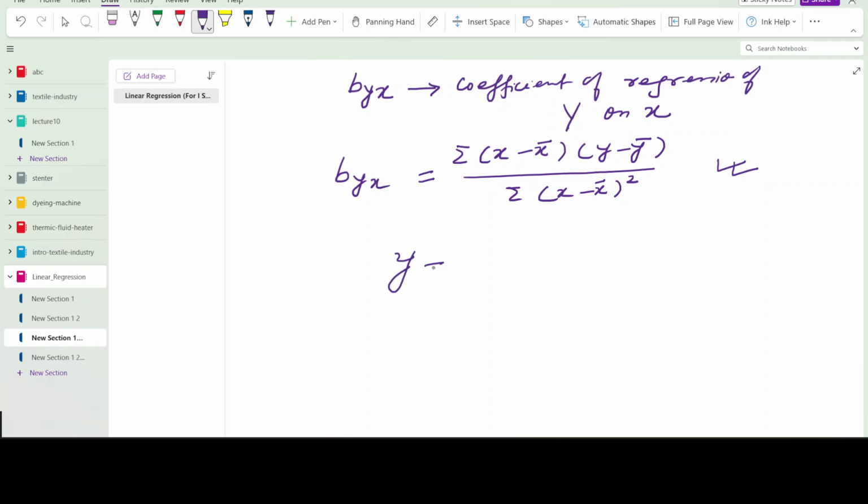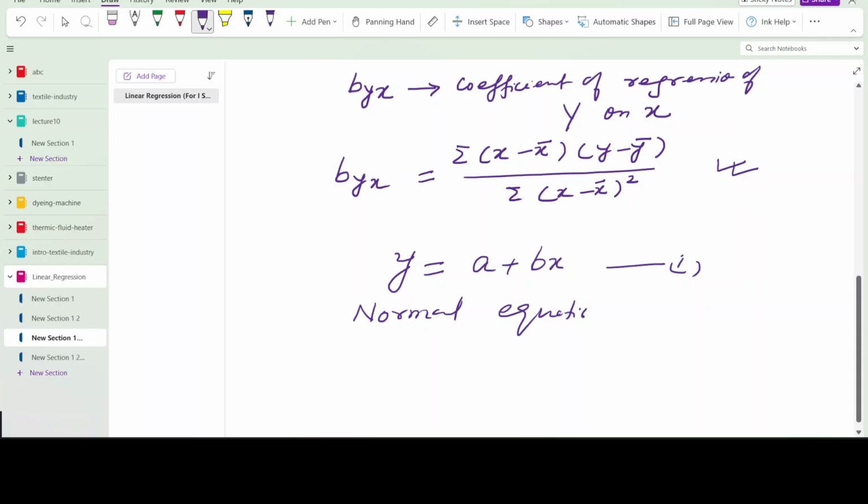As you know, our regression equation is y is equal to a plus bx, and for finding normal equations, we apply sigma on both sides of this regression equation. This is sigma y is equal to sigma a plus sigma bx.